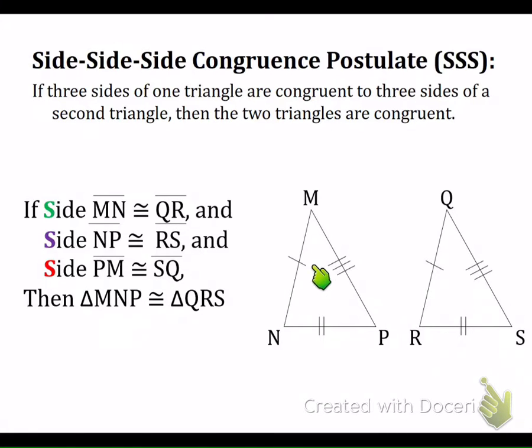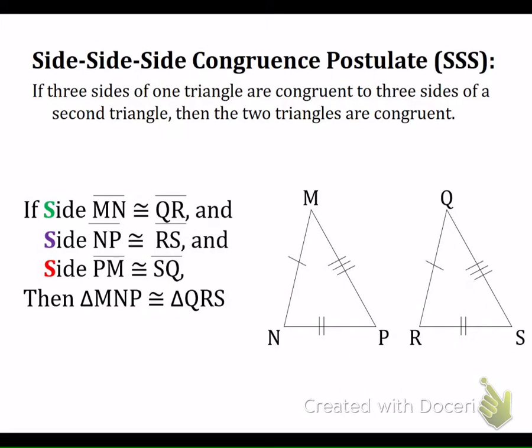Do you see how these 2 sides match? These 2 sides match. These 2 sides match. So if all 3 from one have a congruent corresponding match in the other, you can say, hey, these triangles are congruent because of the side congruence postulate.